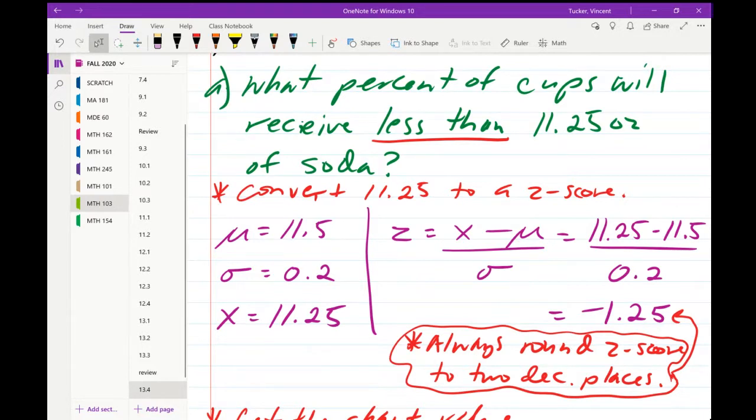So remember, it's the data value minus the mean divided by the standard deviation. And so here are the symbols for that. But even if you don't remember the symbols, just remember it's your data value, which is 11.25, minus the mean, which is 11.5, divided by your standard deviation, which is 0.2. And that would be negative 1.25.